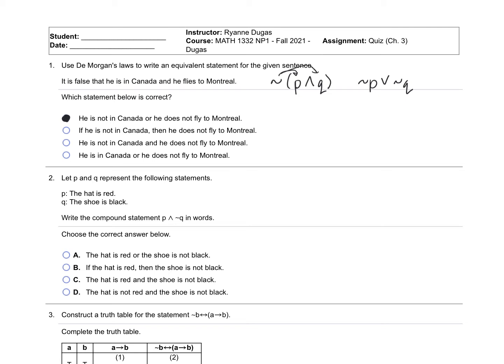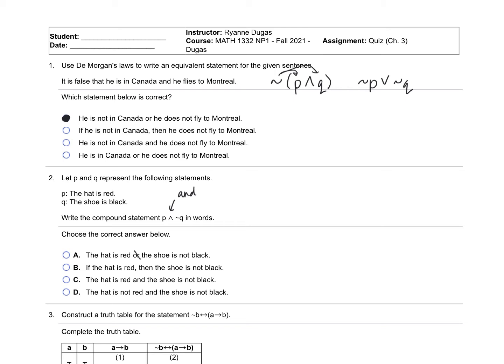Number 2, let P and Q represent the following statements. P, the hat is red. Q, the shoe is black. Write the compound statement in words. So it's P, the hat is red, the conjunction, which is an and. If you have these multiple choice, anytime you have this, you should know that this is an and.